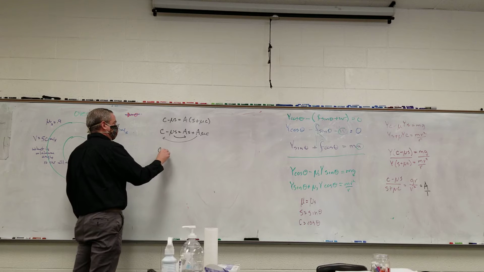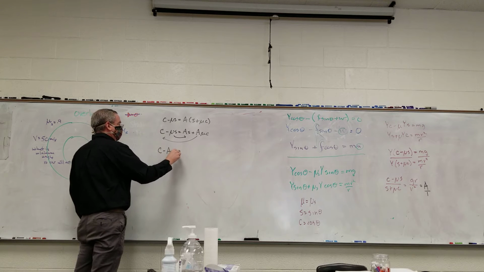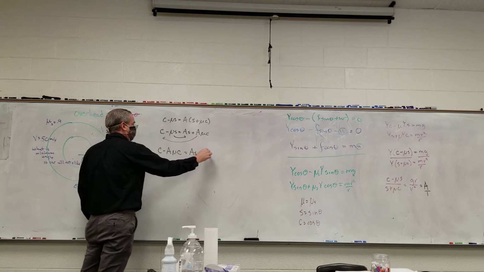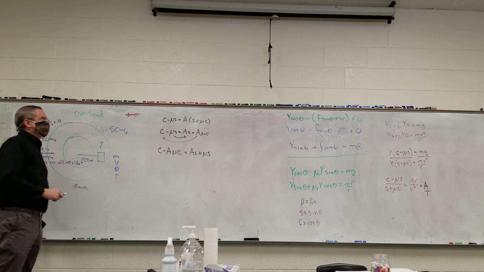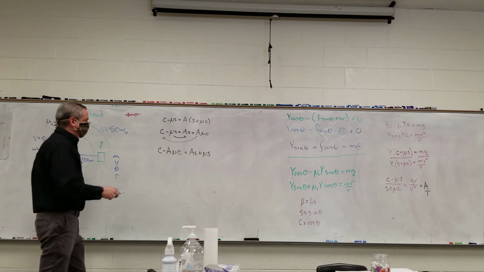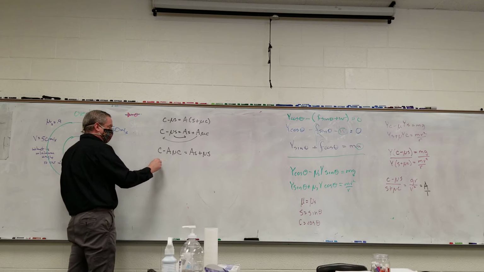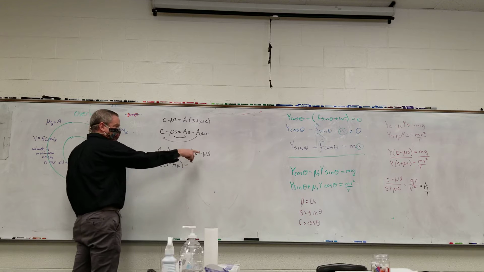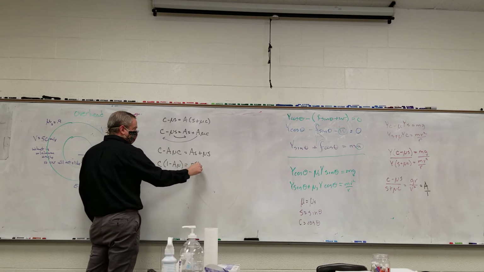So I have C minus A mu C is equal to AS plus mu S. And now I'm going to factor. I'm going to factor my cosine out over here, and I'm left with 1 minus A times mu. I'm going to factor my sine out of the other side: A plus mu.